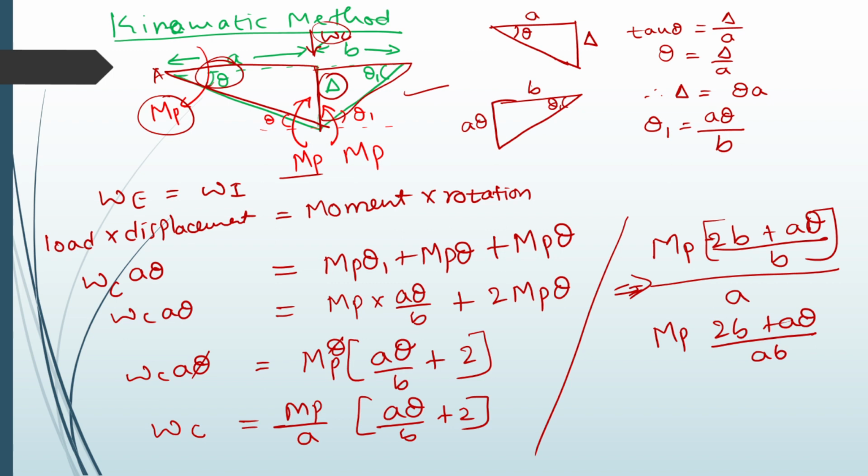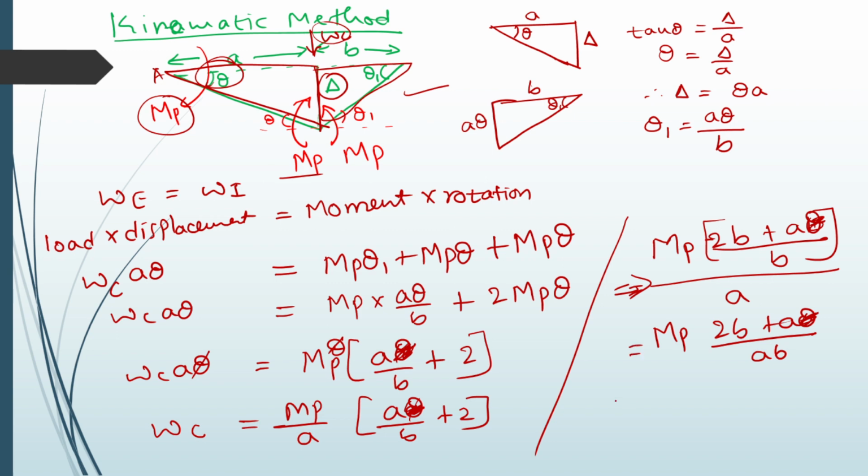Now, theta is already taken common, so this theta is not coming. So a by b only will be taken out in the remaining terms. So a plus 2b divided by ab.